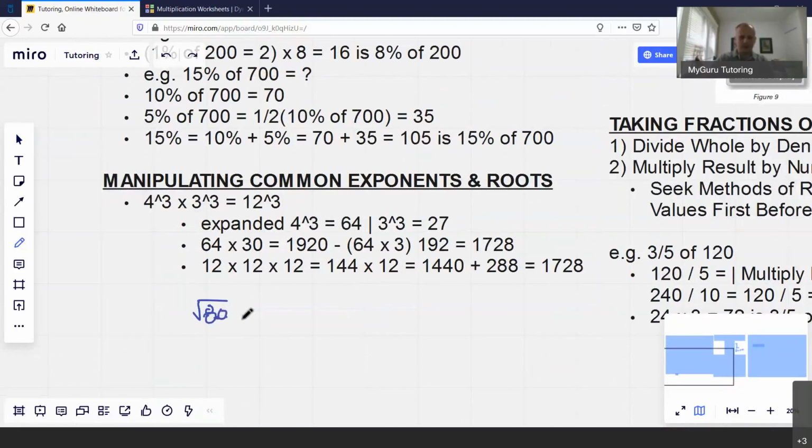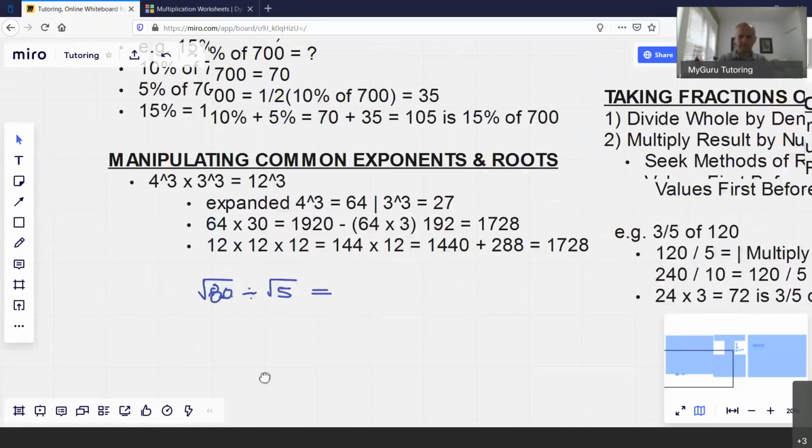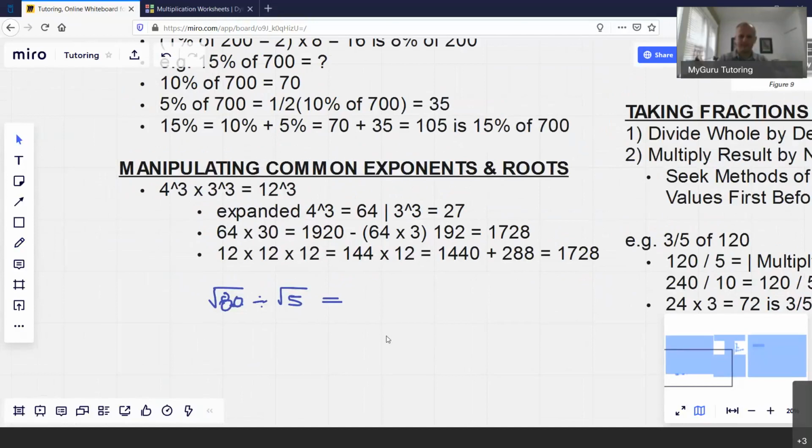So the square root of 80 divided by the square root of 5. What is 80 divided by 5?